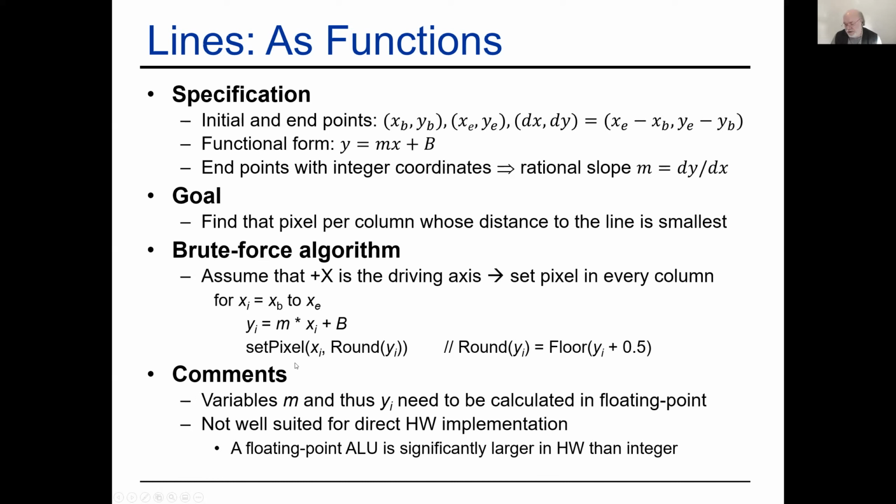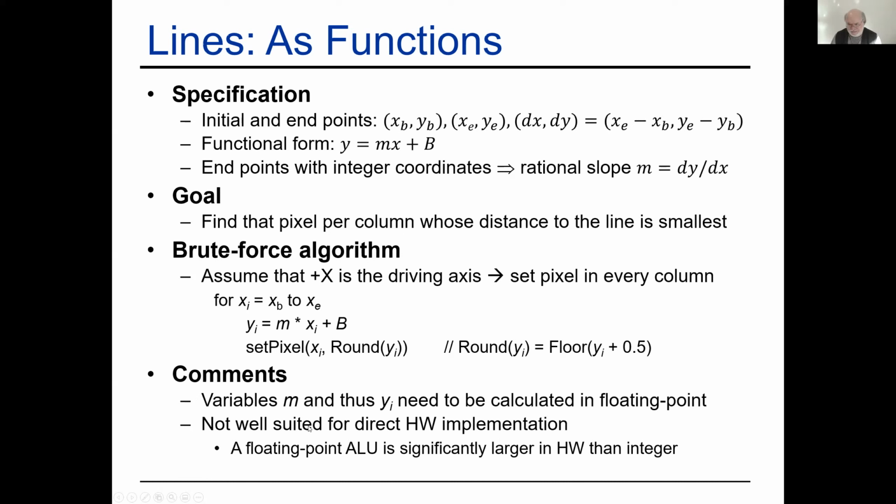Now, the drawback is that the computation of y here we have to do in floating point, because that is a rational number, and it's no longer an integer. We have to do the round operation, a multiply, and an addition, and so on.